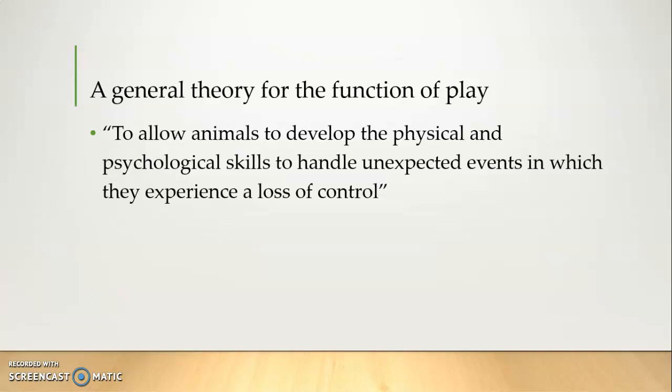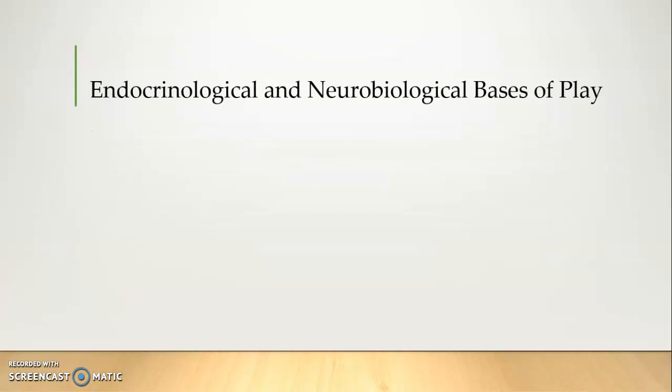So we have a function, we have a purpose, we have types of play. Let's talk a little bit about the biological underpinnings of play. What exactly might be going on here neurologically and hormonally in order to explain play? Well, it is interesting. I talked about play earlier as being kind of the opposite of aggression, although in some ways it seems like play is practice for aggression.